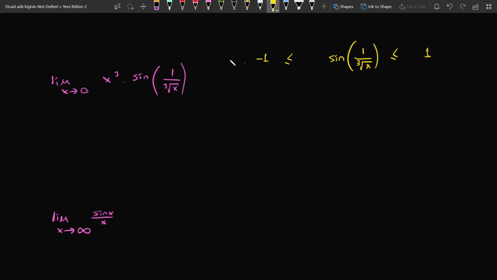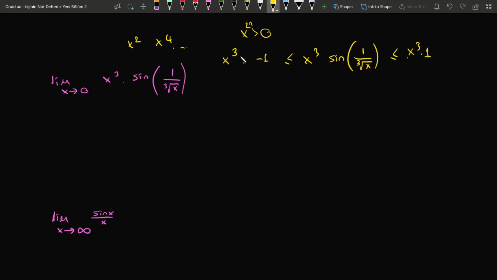And when I try to multiply it with x cubed, now I need to realize something that is really important here. I cannot do it this way, because we used to do it with x squared, x to the 4th power. When we do it with these, the inequality will not change its direction, because these are clearly greater than 0.